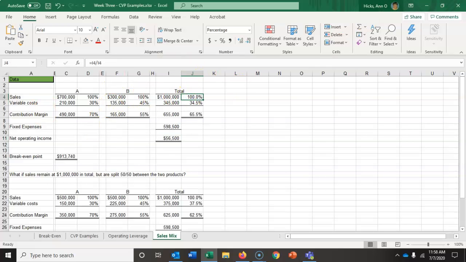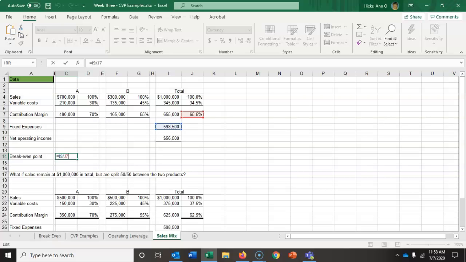And over on column J, you can see the impact of the blending of the two products. The variable cost in total is a 34.5% ratio, and the contribution margin ratio is 65.5%, which represents the blending of the higher ratio for A and the lower ratio for B. Now, when you're calculating your break-even point for a sales mix like this, you're going to want to use the approach wherein you divide the fixed expenses by the contribution margin ratio.